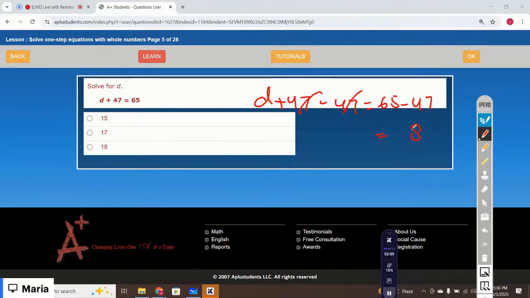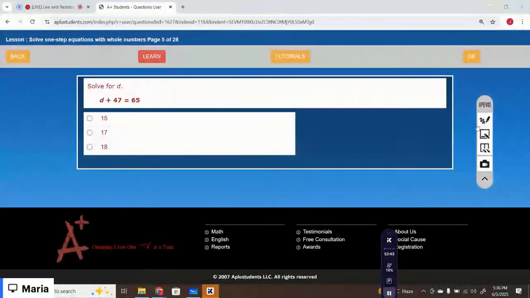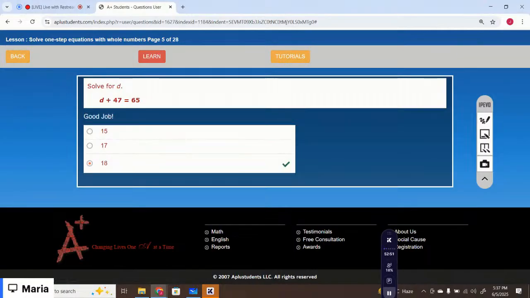So 15 minus 7 is 8, it is 18. So t equals 18. Option number 3 is the correct option.